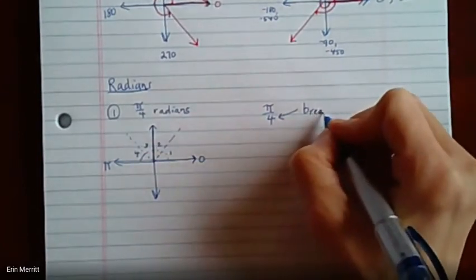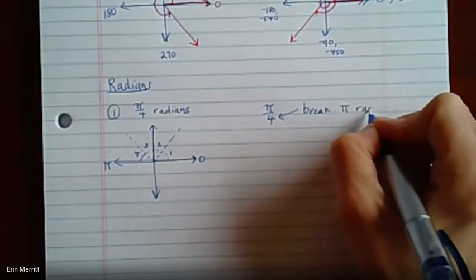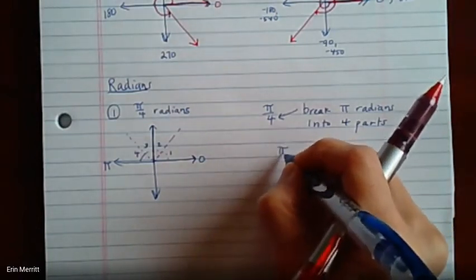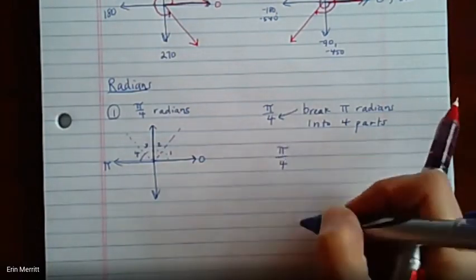So I'm going to write it as break pi radians into 4 parts. Now here's the easy part. How many parts do we look at? Well, in this case, the angle is pi over 4. So what's the number in front of the pi?